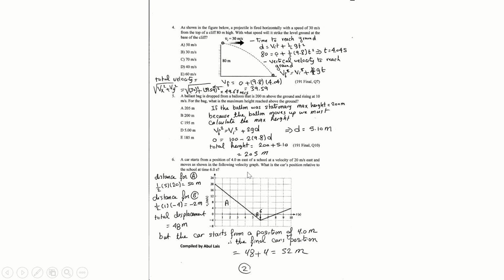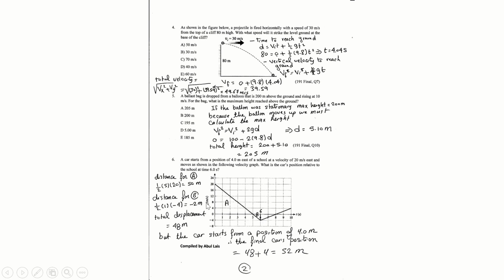What is the car's position relative to the school at time 6.0 seconds? So as you can see here, we have the velocity time graph, and we have the time here, and we want to know what is the car's position relative to the school at time 6 seconds. So this is 6 seconds.